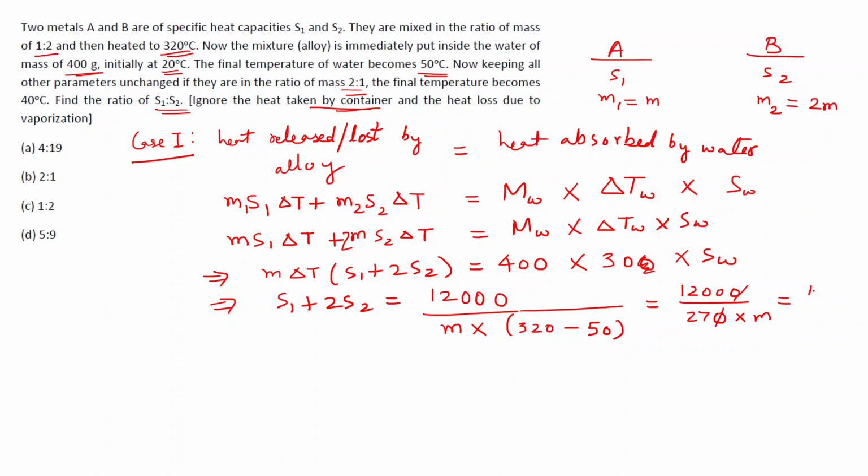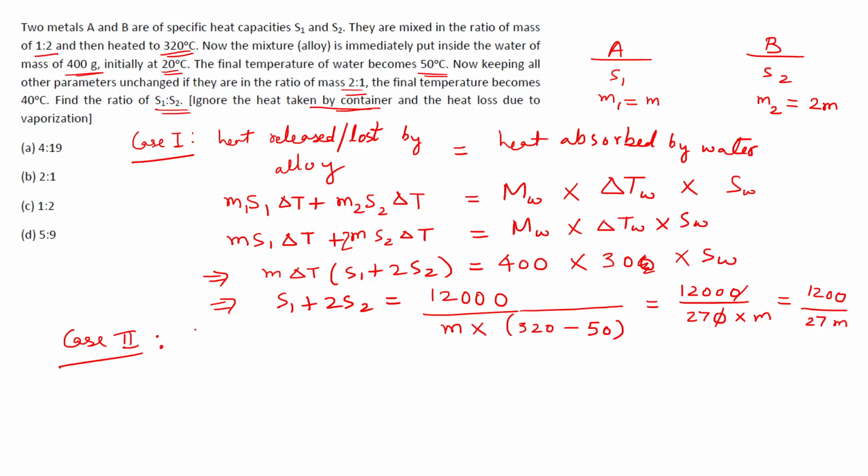That means it will be 1200 divided by 27 M. This is one expression. Now we have case 2 also. Here the specific heat capacity for metal A is unknown, for metal B is unknown, and the mass is also unknown. So we need another equation to be able to solve this. We ultimately need to find the ratio of S1 and S2.